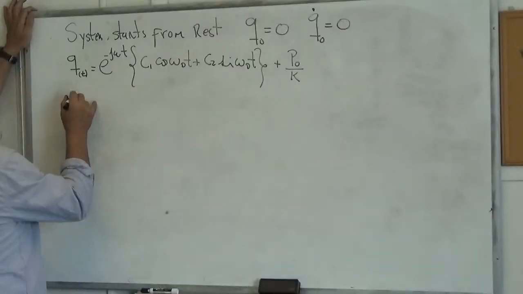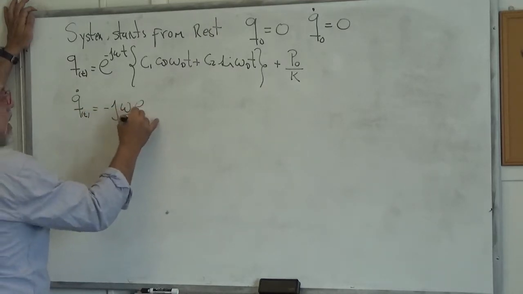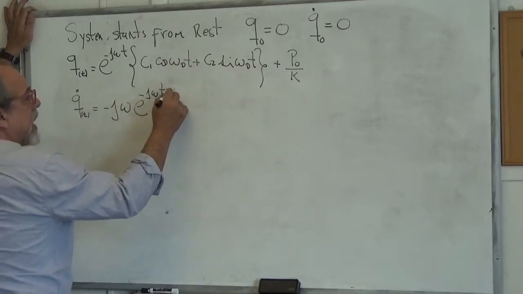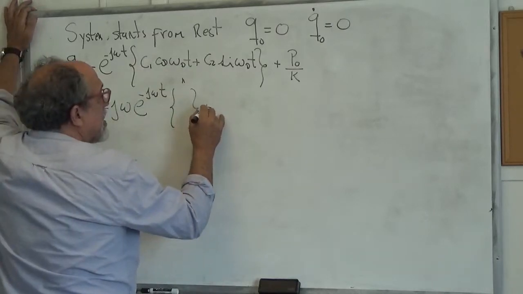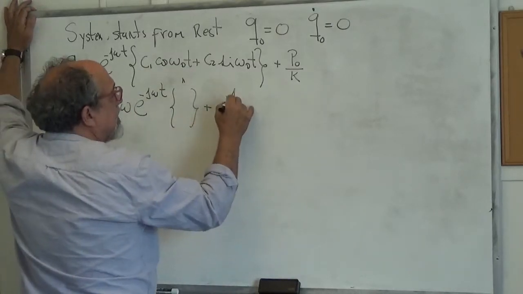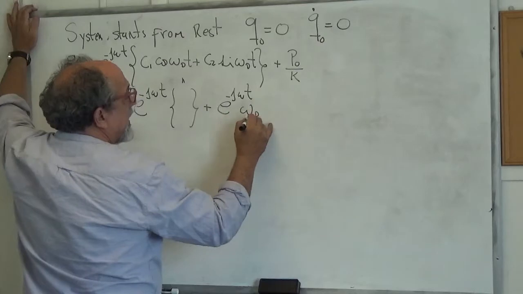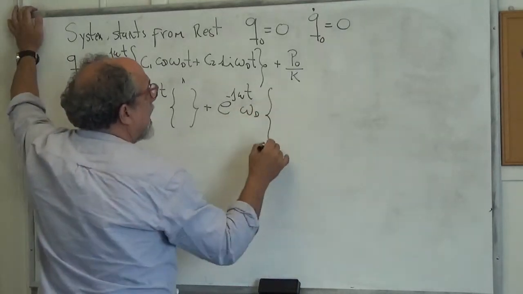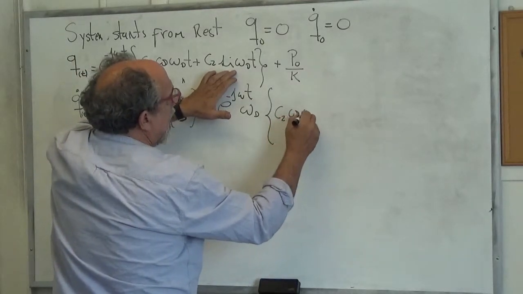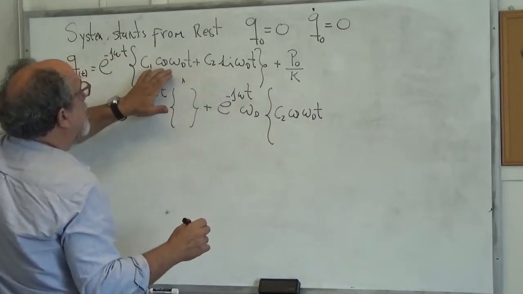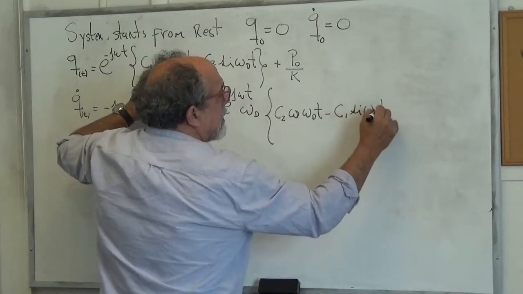So the velocity in general is equal to minus psi omega e to the minus psi omega t times that parenthesis, plus e to the minus psi omega t times the derivative of this, which is obviously omega damped as a common factor. This one doesn't change sign, so this would be C2 cosine of omega damped t, and this one would be minus C1 sine of omega damped t, right?